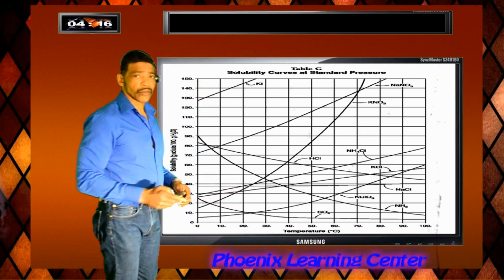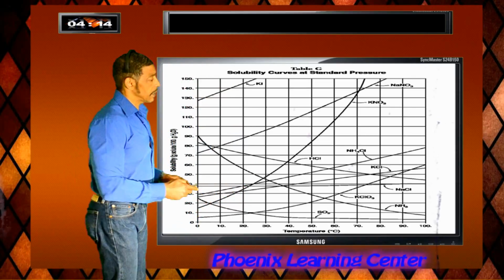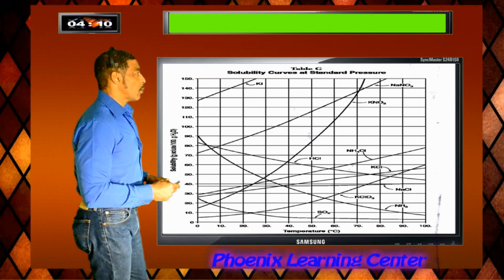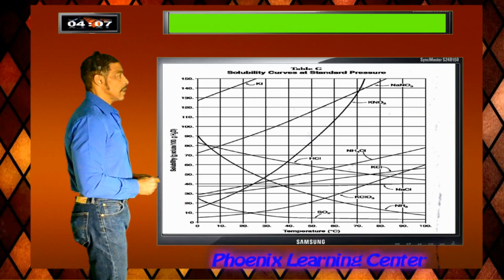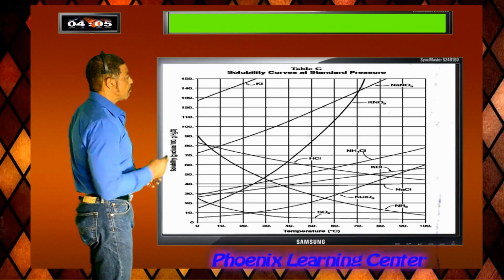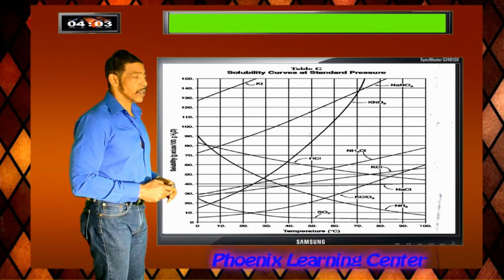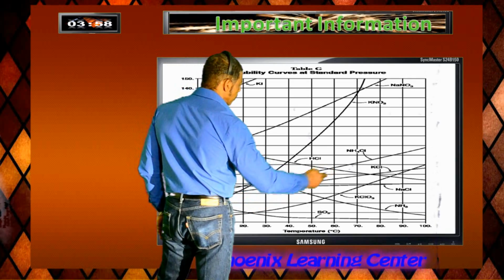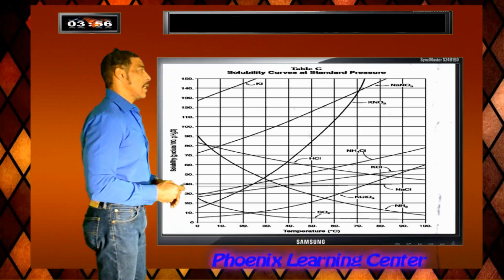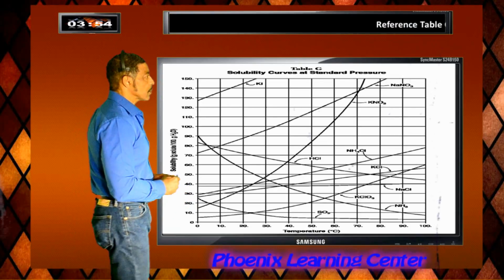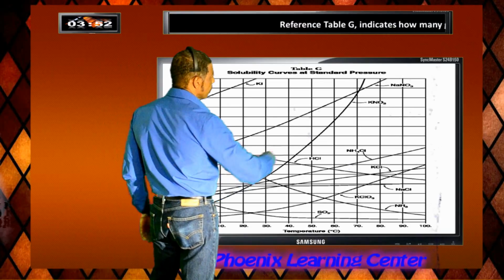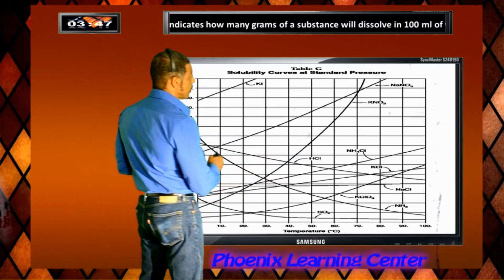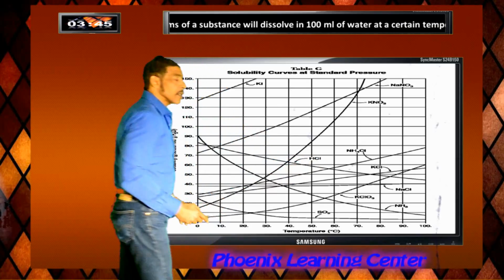The ascending lines represent ionic compounds, and the descending lines represent gases. The y-axis is labeled solubility, grams of solute per 100 grams of water or 100 mLs of water, and the x-axis is labeled temperature. It is clear from Table G that as the temperature increases, the solubility of a salt will also increase, and as the temperature increases, the solubility of gases will decrease.